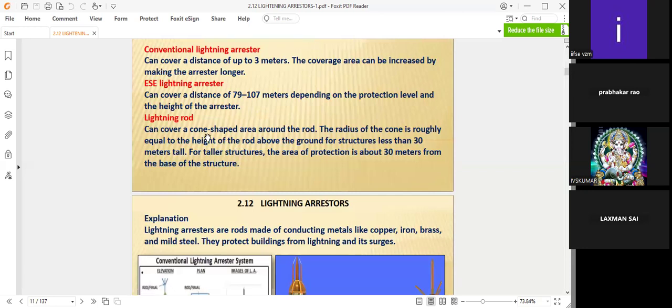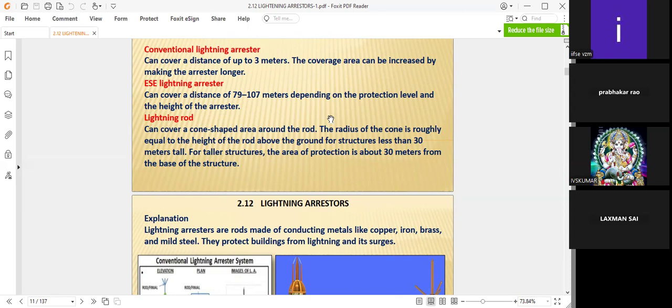A lightning rod can cover a cone shaped area around the rod. The radius of the cone is roughly equal to the height of the rod above the ground for structures less than that. There are some calculations mentioned on Google, but I have not gone into great depth on the subject, because the manufacturers will suggest according to our need.